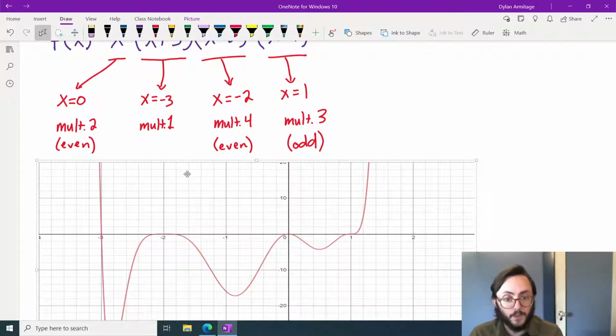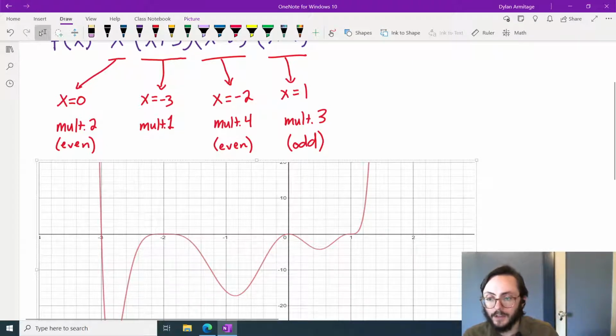For an odd multiplicity that is 3 or greater, we have this kind of swerve like this. It goes through the root just like a multiplicity of 1 root does.